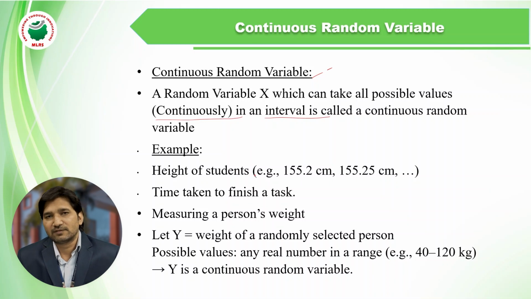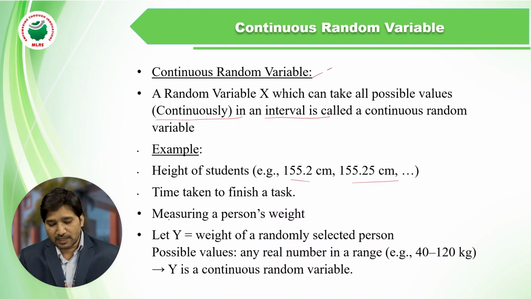Generally, the height of a student is 155.2 centimeters, 155.25 centimeters, like this, between the range of 140 to 180. Another example is the time taken to finish a task. When you finish a task, it can take between 5 to 10 minutes, or 30 minutes to 1 hour, like this. These are continuous types.